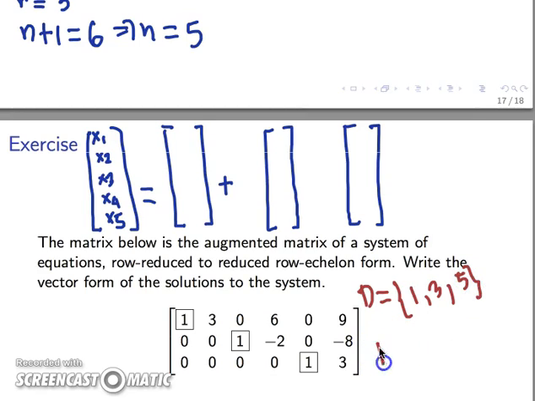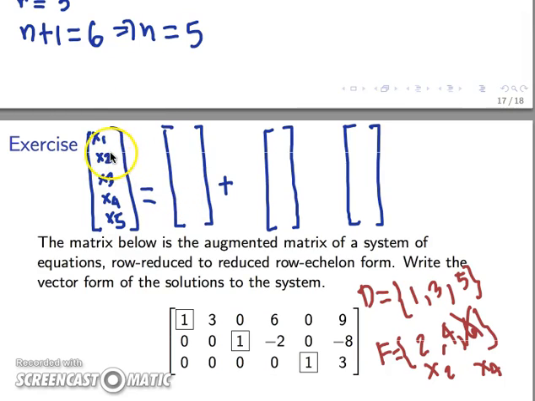On the other hand, the set F, the indices of the free variables, contains indices 2, 4, and 6, the last column, right? So in this case, we know that the free variables are going to be x2 and x4. That's what this set of indices is telling us.